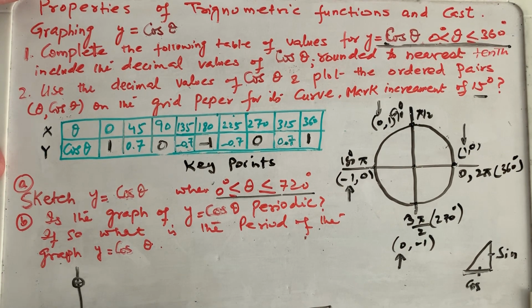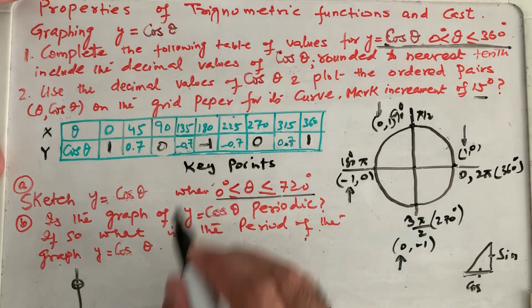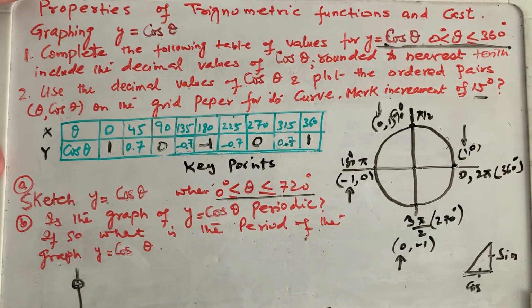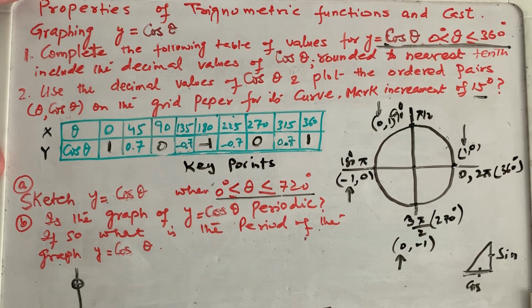And when I am at 90, where am I? At 90, I am at 0, right? And where am I at 180? So this is my 180. 180 is minus 1, so minus 1 is somewhere here. This is my minus 1.